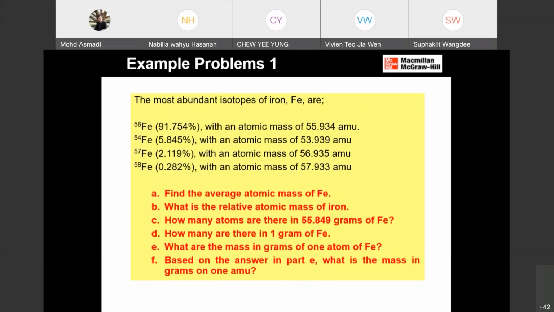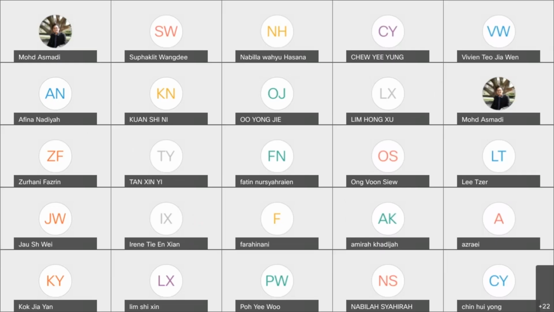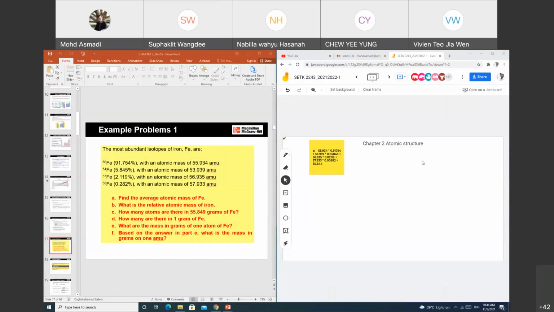I think you can write it on A4 paper and take a picture, it is much better.